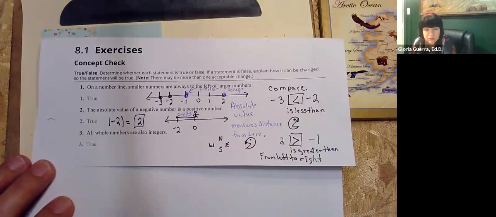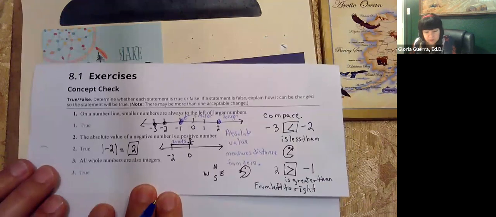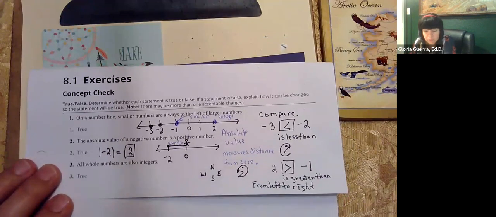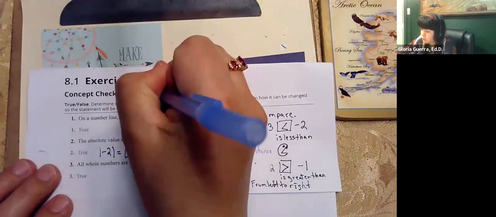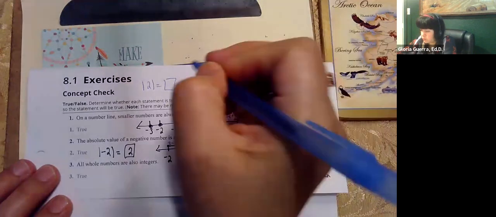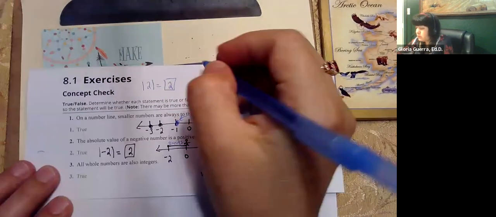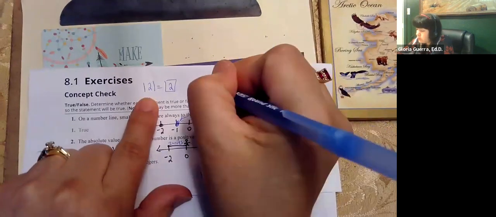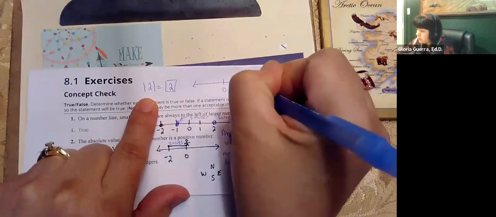Also, continuing to talk about absolute value. If I ask for the absolute value of just 2, that would just be 2 as well. The absolute value of 2 means you have this number line, and here's 0 and 2's over here.